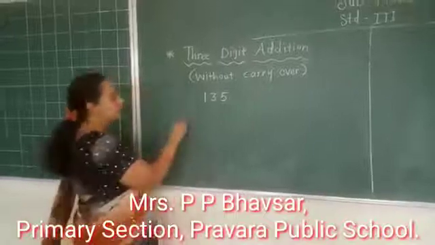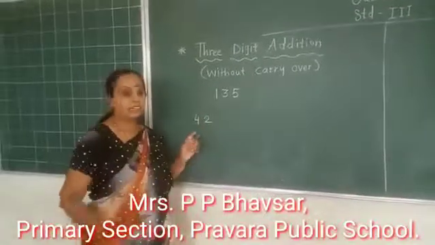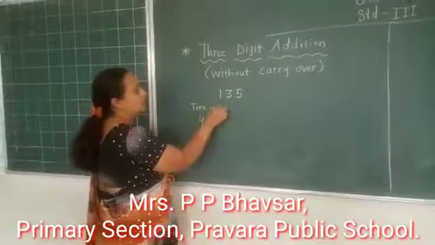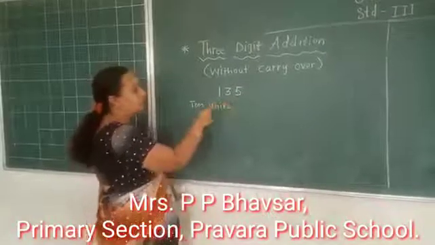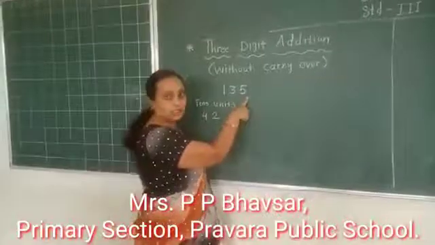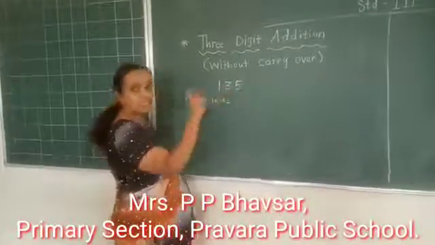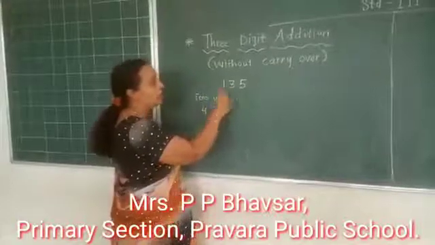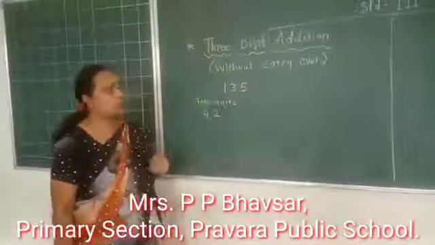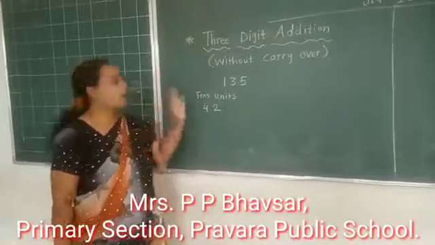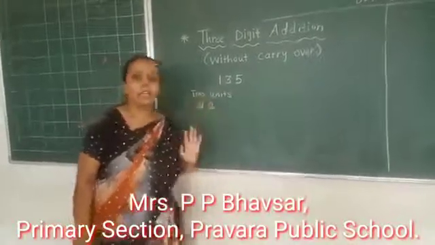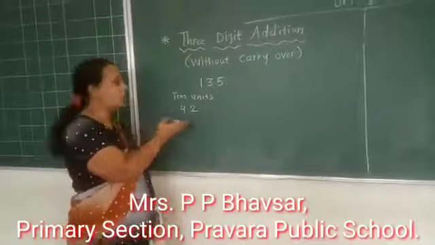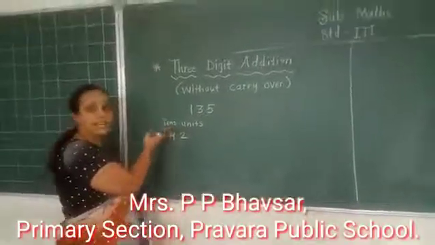Suppose the number is 42. Then it will be tens and units. Here the 100 place is also there, with the unit and tens columns.